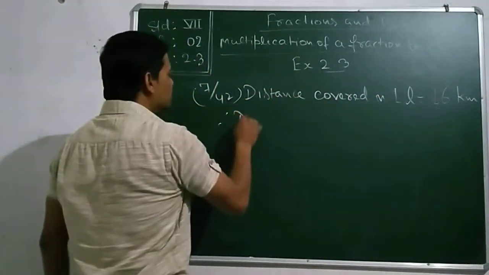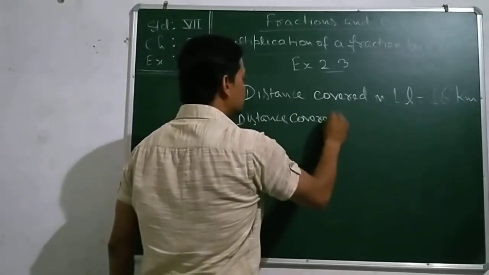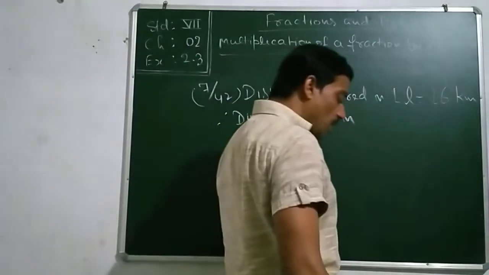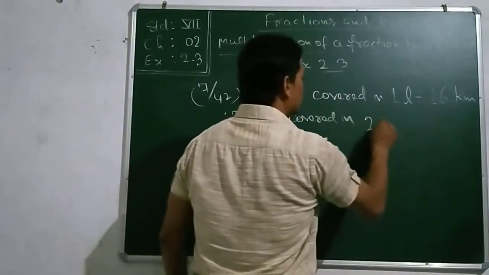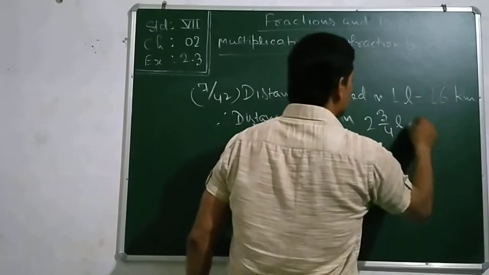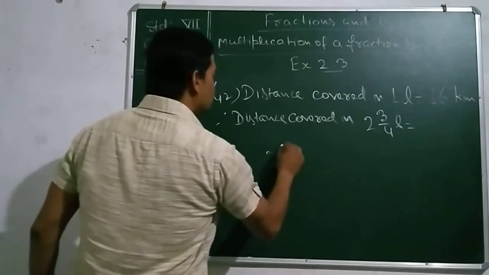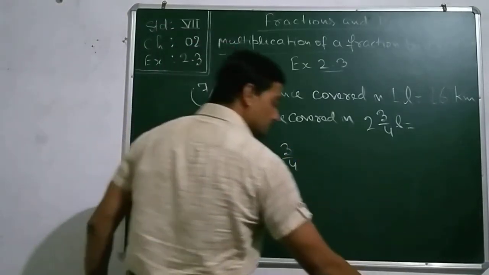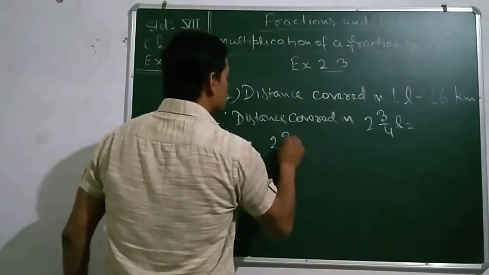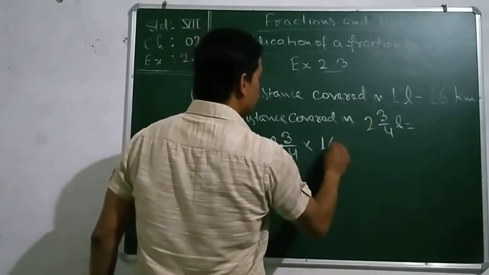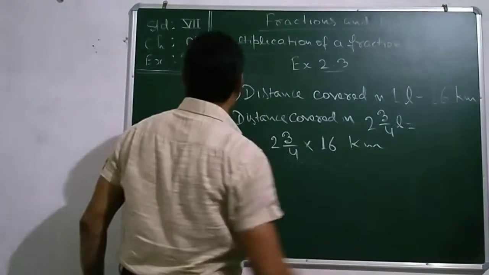Therefore, distance covered in the quantity of fuel being given as 2 whole 3 by 4 liter equal to 2 whole 3 by 4 into 16 kilometer. Now calculate them and you will get the required result.